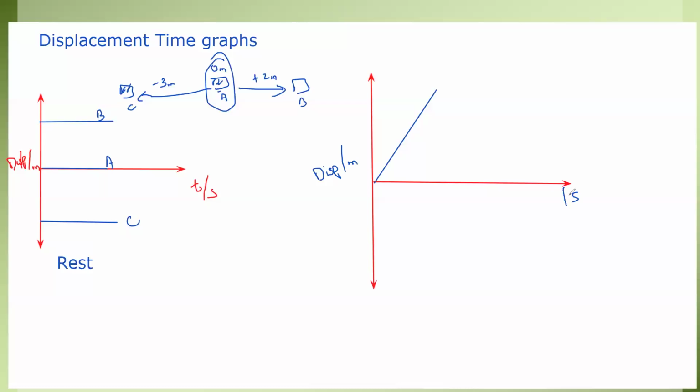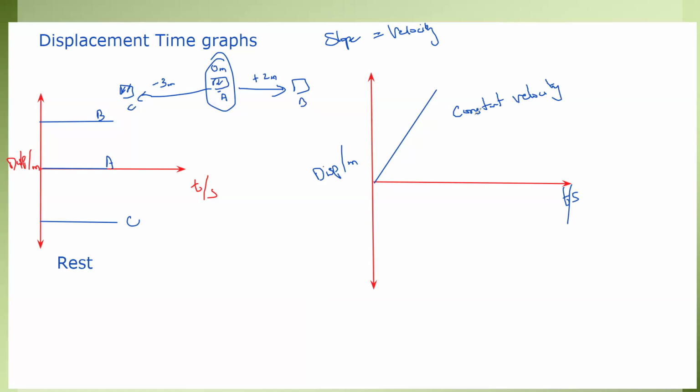If it's a straight line, remember the gradient or the slope represents the velocity. So if it's a straight line, what can we say about the velocity? Constant. So we can say it's a constant velocity. That's right. But velocity can be positive or negative, as we know it's a vector quantity. How do we identify whether a velocity is positive or negative?